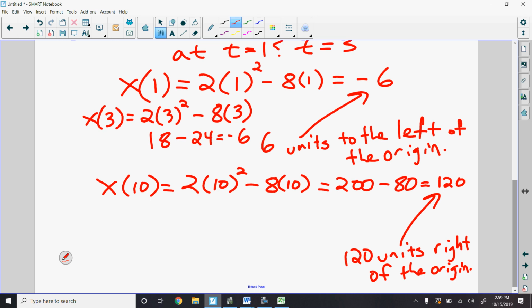So the sign here tells you the side of the origin. Now, if I gave you units here, it might be like 120 meters right of the origin, or 120 feet right of the origin. Okay, so that's our position function.